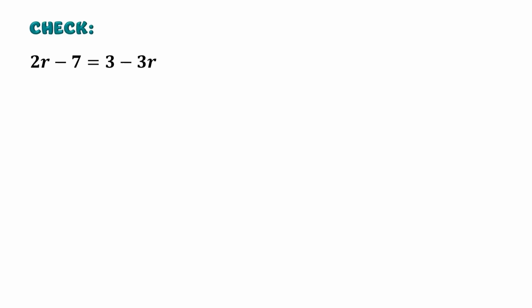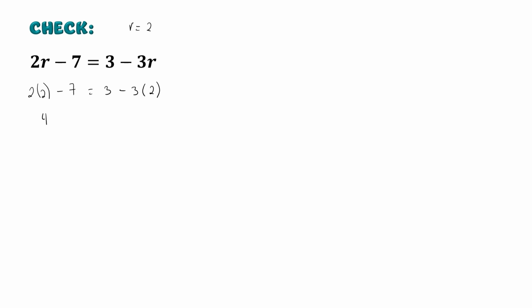Okay, so since we said that r is equal to 2, we're now going to perform our check, which means that we are substituting r equals 2 into our equation. So we'll return our 2, replace r with 2, minus 7 equals 3, minus 3, and we have 2 in parentheses. And remember that our goal is to make sure that both sides of these equations equal the same thing.